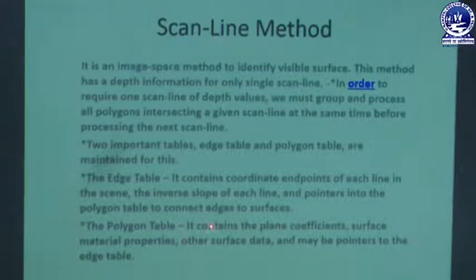The polygon table contains the plane coefficients, surface material properties, other surface data, and maybe pointers to the edge table. That means the scan line method scans all the visible surface object elements by using the image space method.